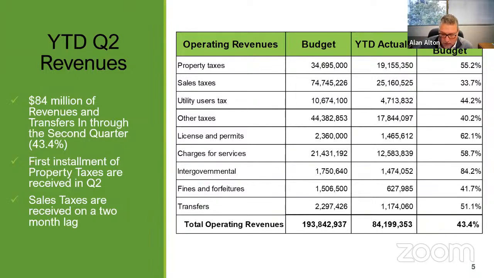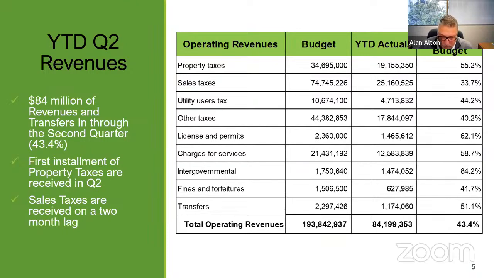Intergovernmental revenue is where we get revenue from the county and other sources. So some revenue that comes in from Roseland, their annexation payments. A lot of those we get at the beginning of the year, so it shows that we have a lot more now, and then that will flatten out as we get to the end of the year. But right now we look like we're where we need to be.